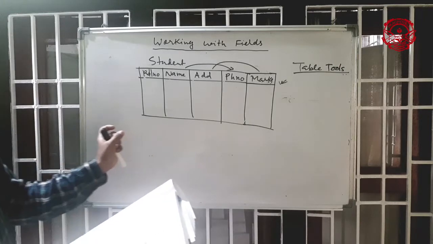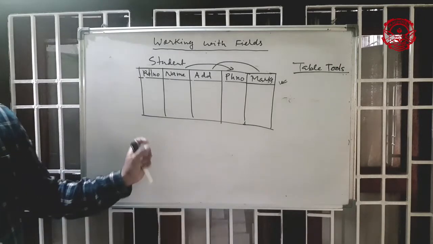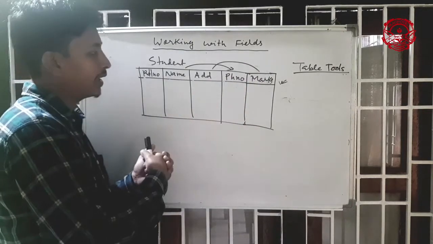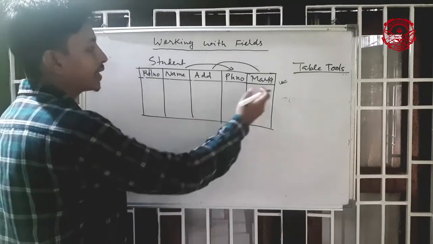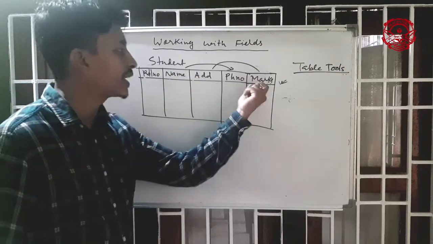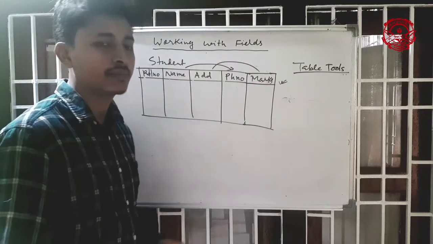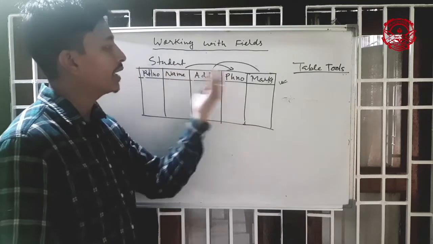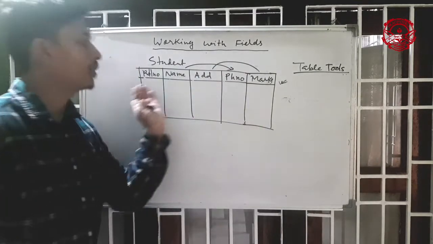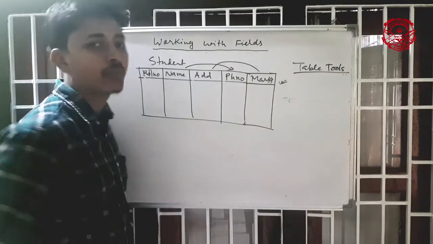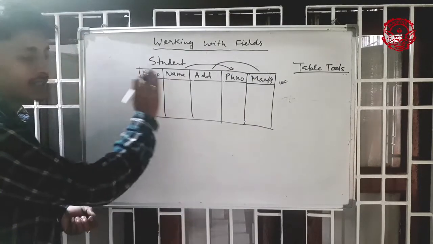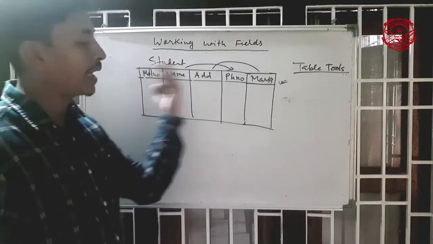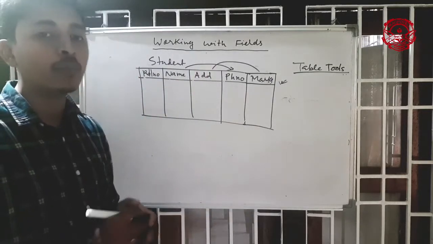For example, if you want to move marks from here to here, you just drag it and move it here. Or for example, you want to move name from here to here, just move it with the help of your mouse pointer. Select the field and drag it to the appropriate position. So this is called move a field.